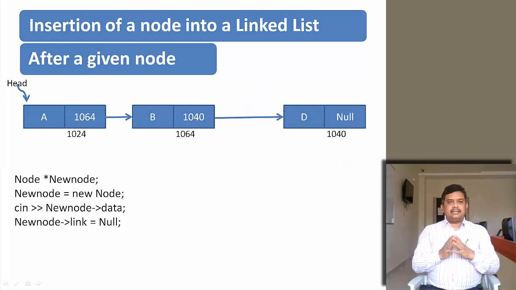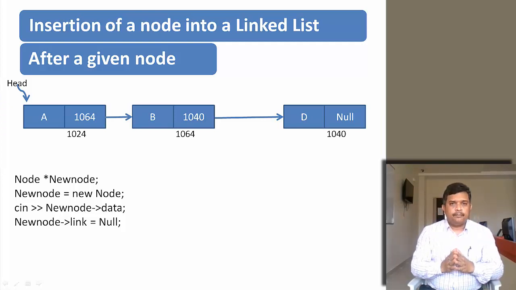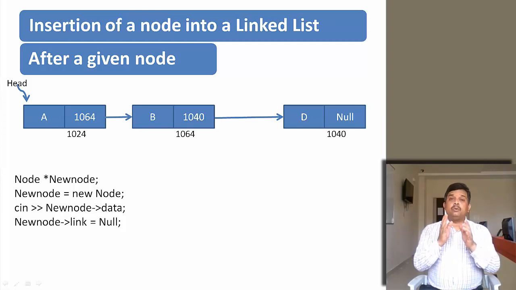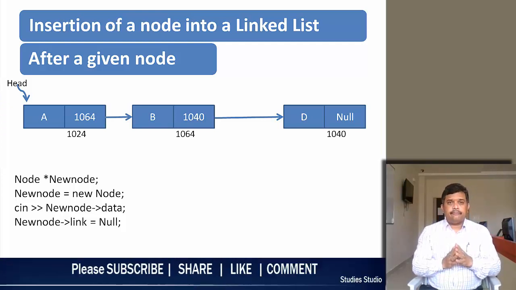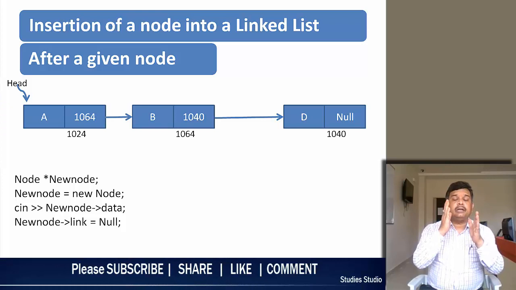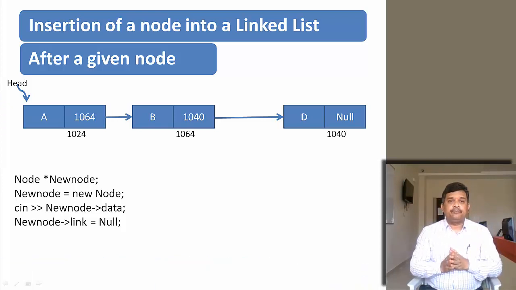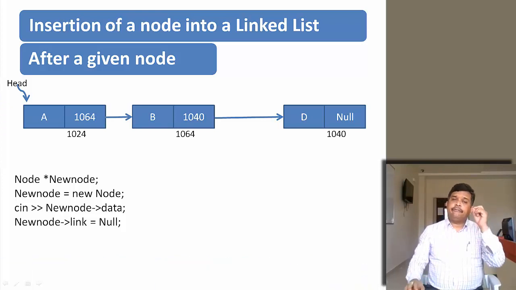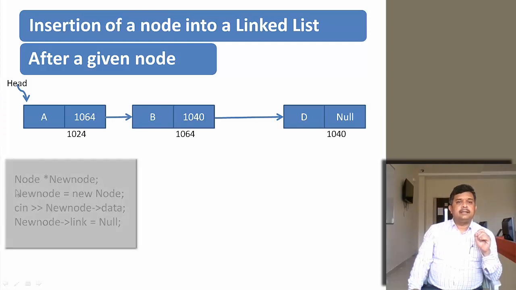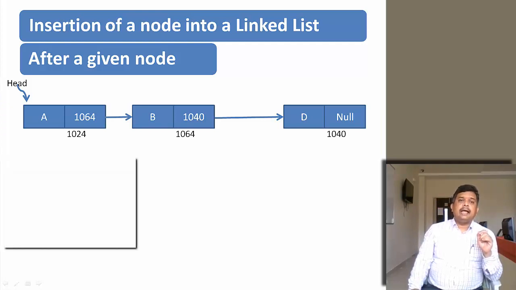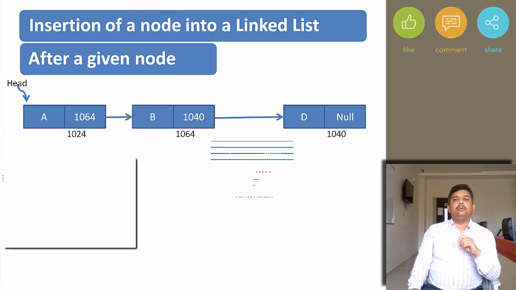Let us try to understand a little bit further. How can I add a node after a given node? Maybe this particular node is a position of a node or maybe after a given value. Anyhow, the first few lines will be like this: I have to create a node, I'll keep some value into it and I'll keep the link to be null.